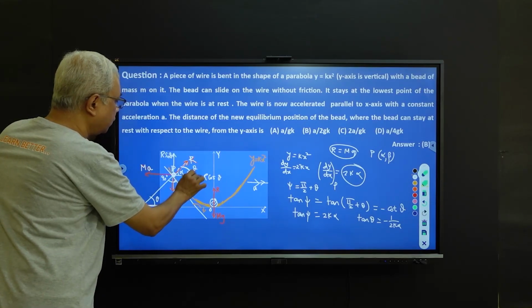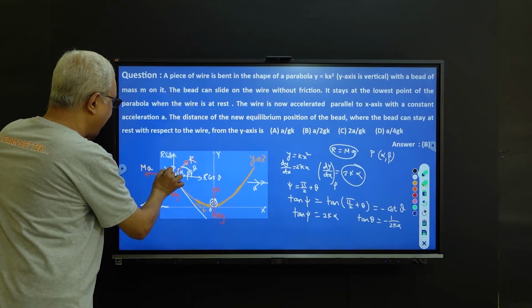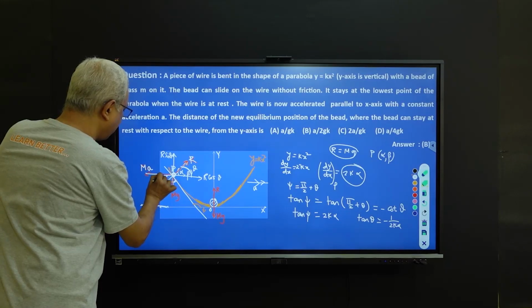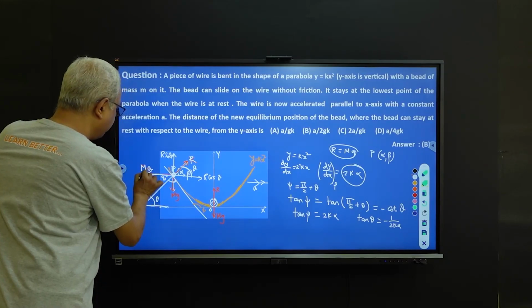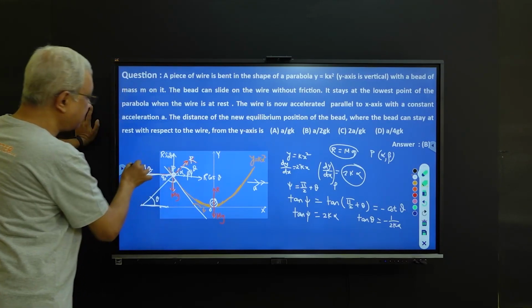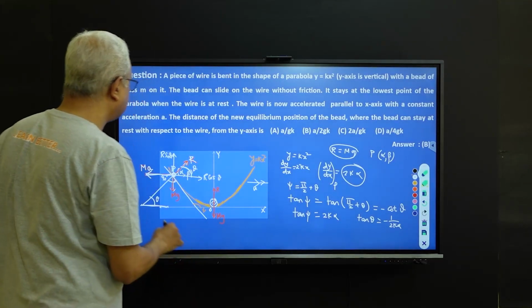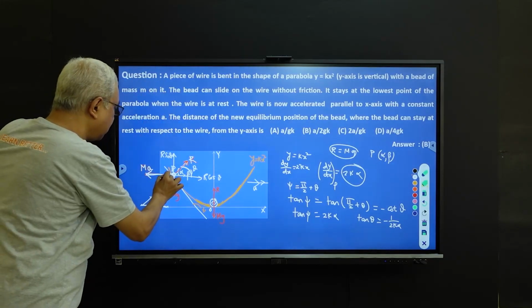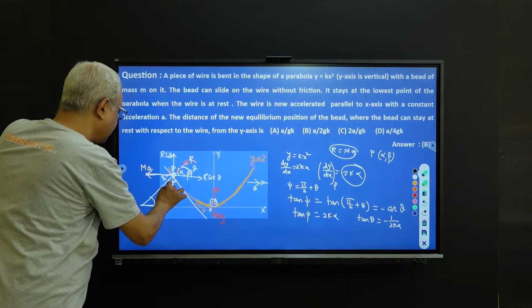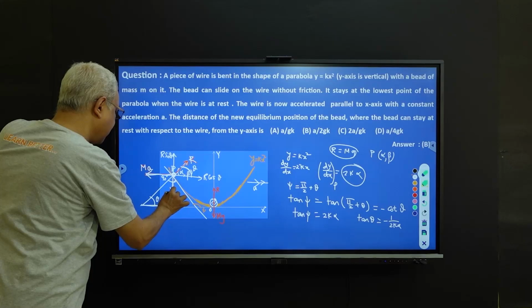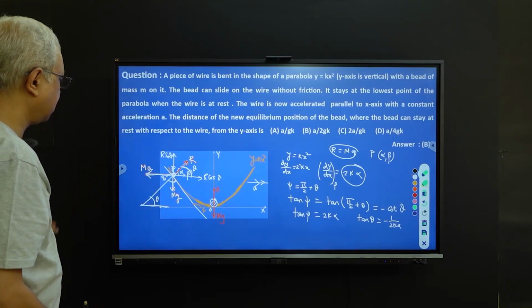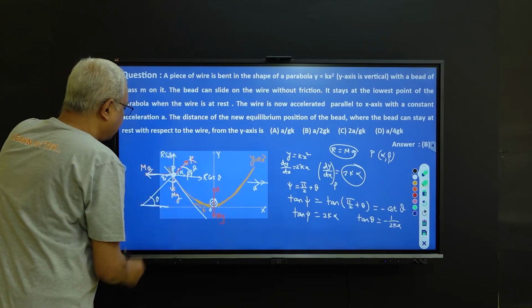One is along positive x direction, R cos theta; along negative x direction, ma, which is the fictitious force, mass of the bead times the acceleration of the frame, which is a; and R sin theta in the positive y direction and mg in the negative y direction. So these forces must balance.